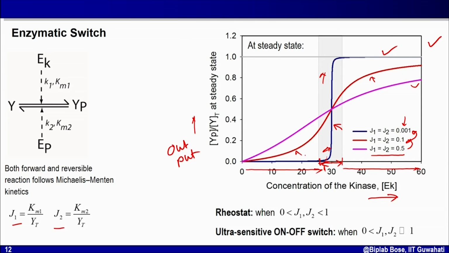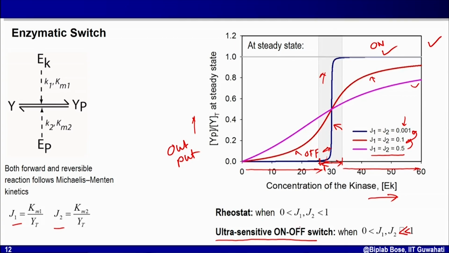So this lower value I can consider as off, and the higher value I can consider as on. So when J1 and J2 are very small with respect to 1, I get an ultrasensitive on-off switch. This is like an on-off switch, the way you use in your house, on and off, two options, binary.